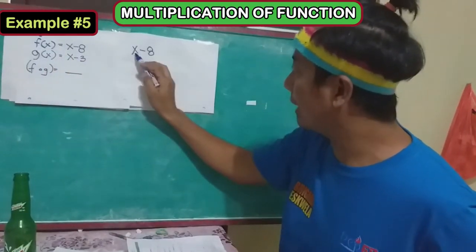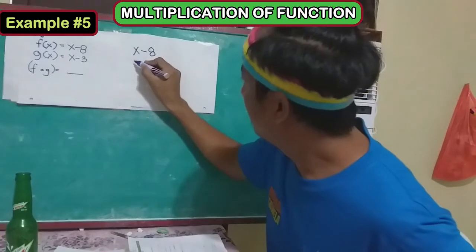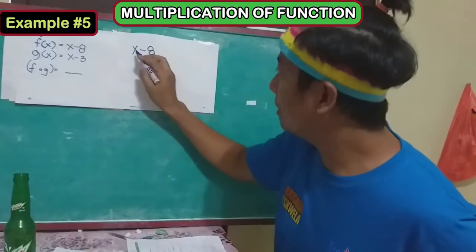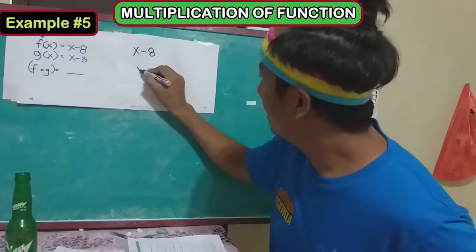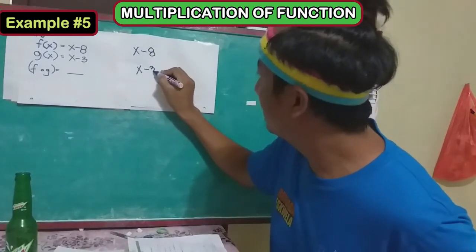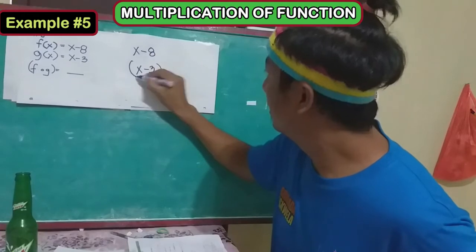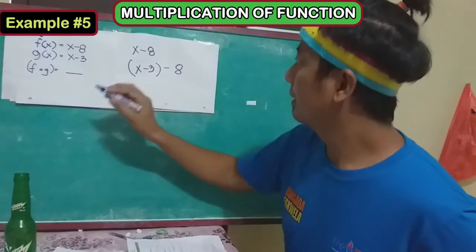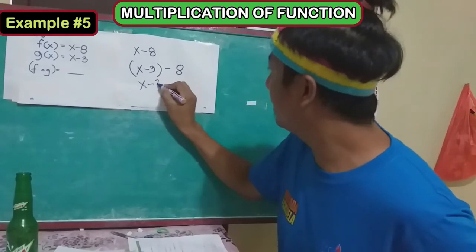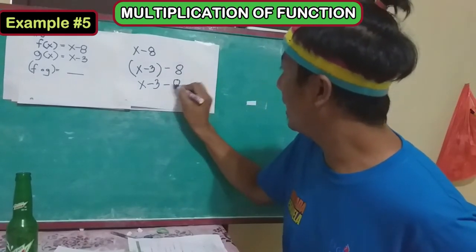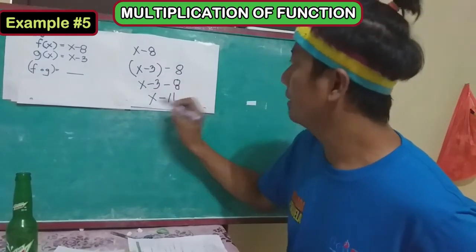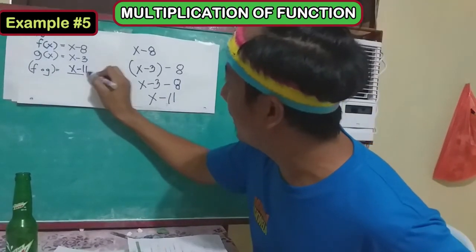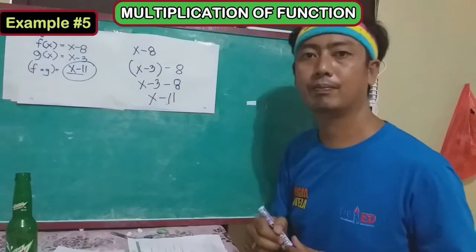So, papalitan natin itong x ng g, x minus 3. So, itong x magiging x minus 3 minus 8. So, x minus 3 minus 8. Kaya, x minus 11. So, f of g is equal to x minus 11. So, yan po yung sagot natin.